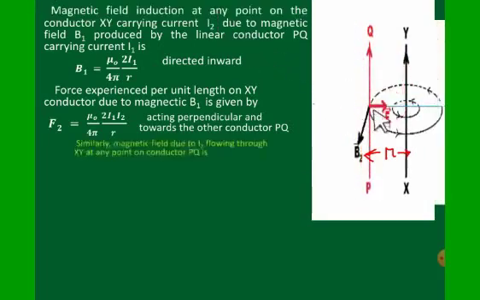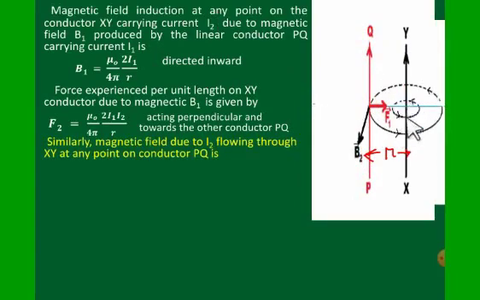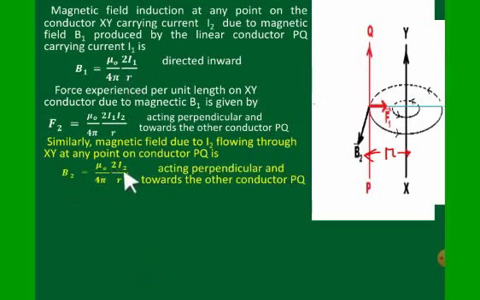And let's see again, when the magnetic field for this conductor XY is under consideration, then the magnetic field due to this conductor XY carrying current I2 will be directed outward. And the expression will also be similar to this. B2 will be equal to mu naught by 4 pi twice I2 by R. And so for this again we have to consider that B2 is coming outward, and inside that magnetic field the current carrying conductor PQ is placed.